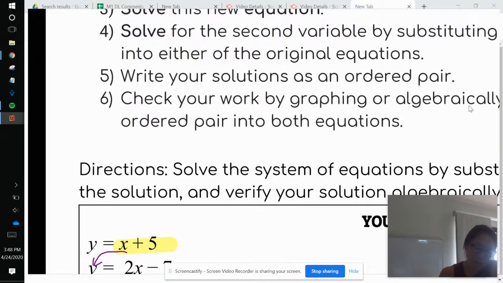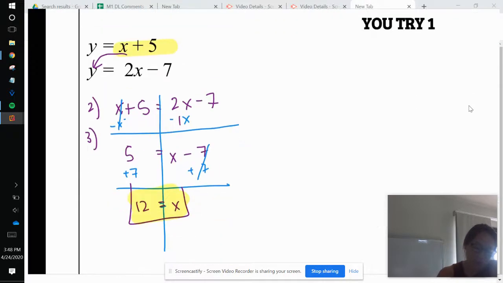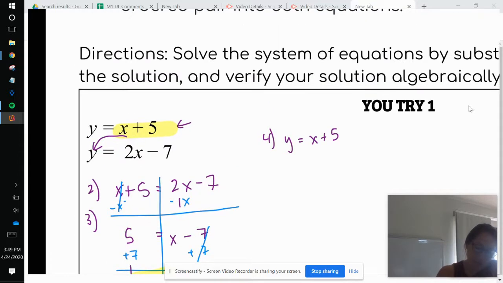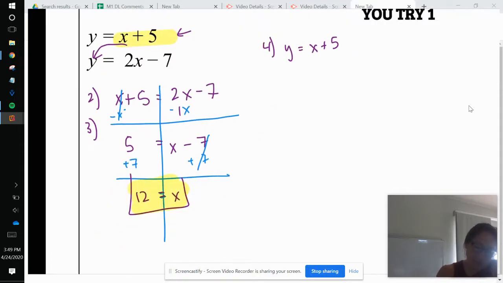Step number 4 is solve for the second variable. You get to choose either equation. It looks like the top equation is a little less complicated, so I'm going to use that one. y is equal to x plus 5, and we know from step 3 that x is equal to 12.